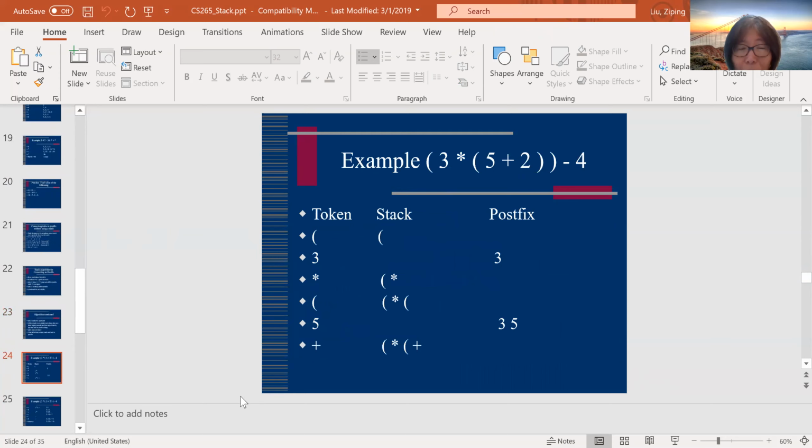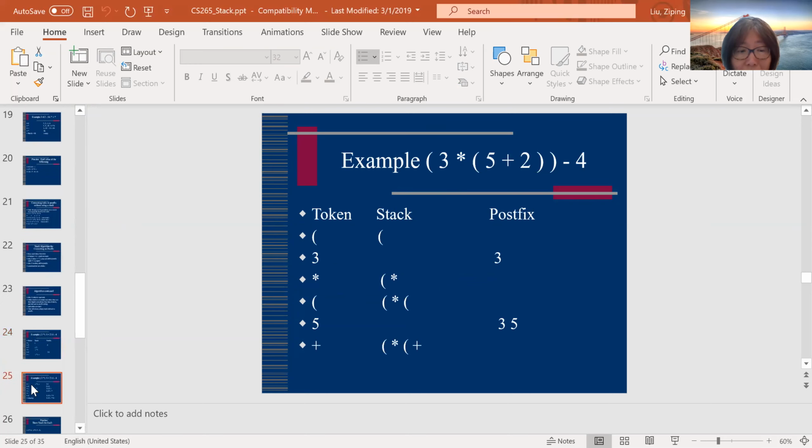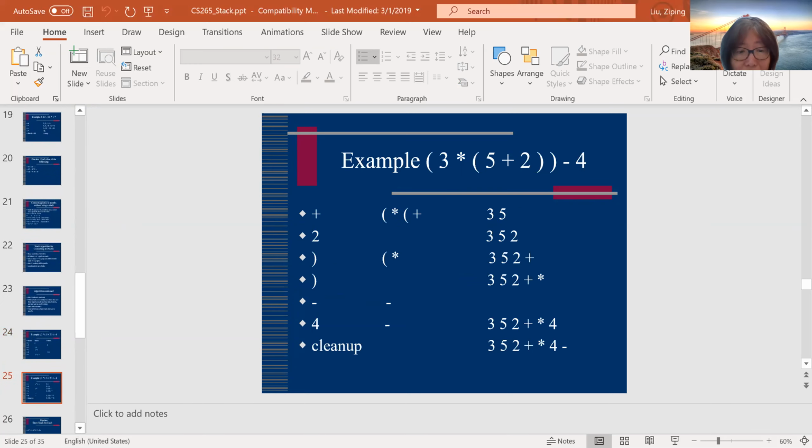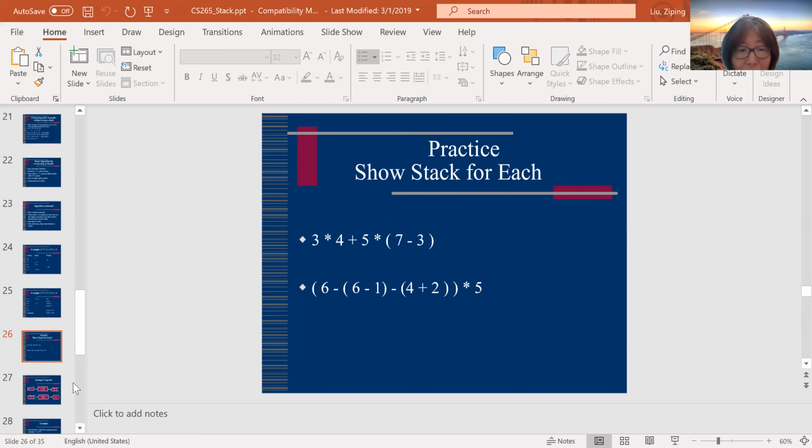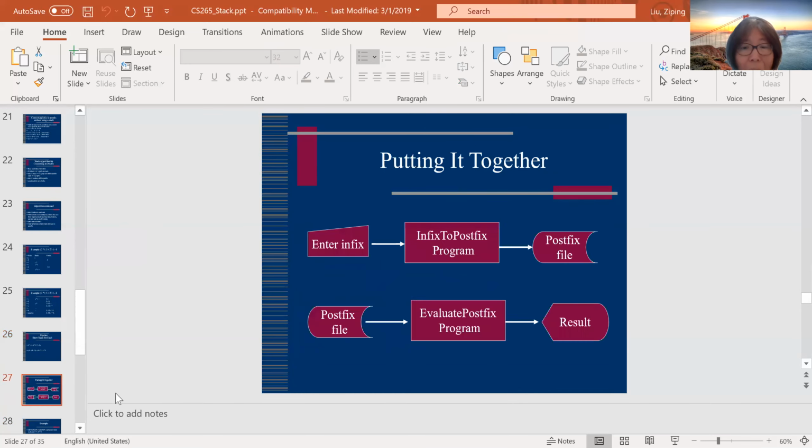Okay, so that's the algorithm itself, and we already went over it. Next it shows the examples, and after class, if you're interested, you can keep tracing them. Here are some more exercises you can try after class at home.